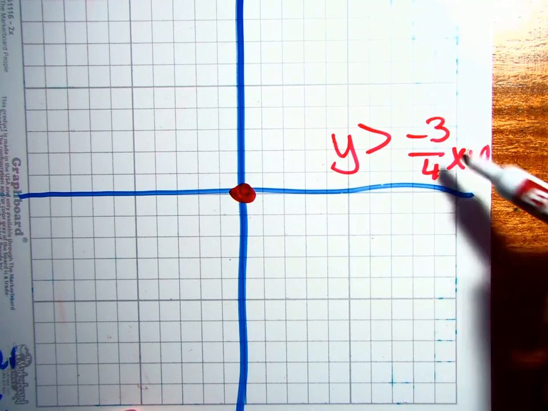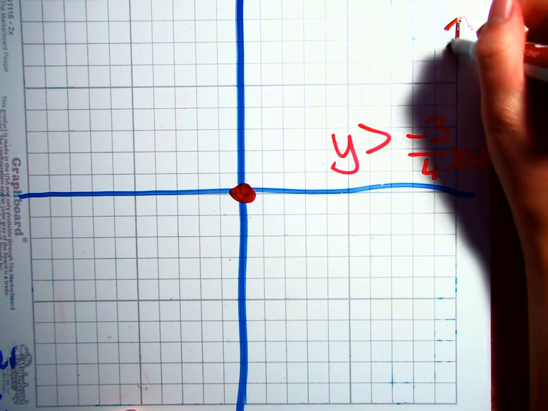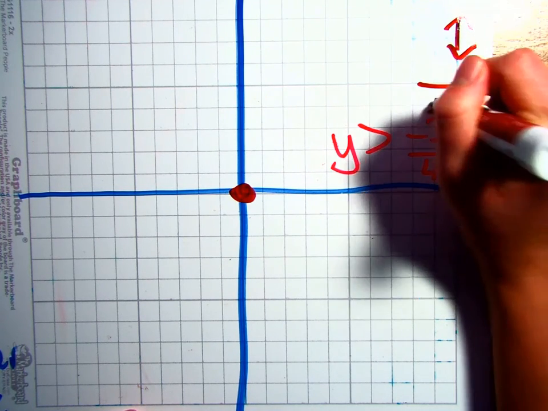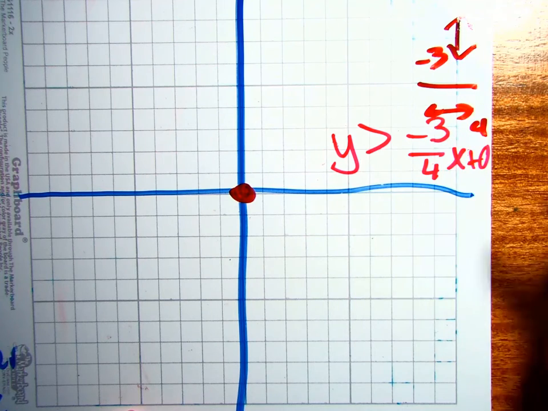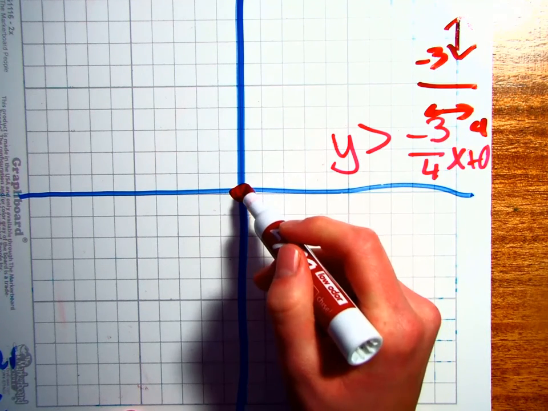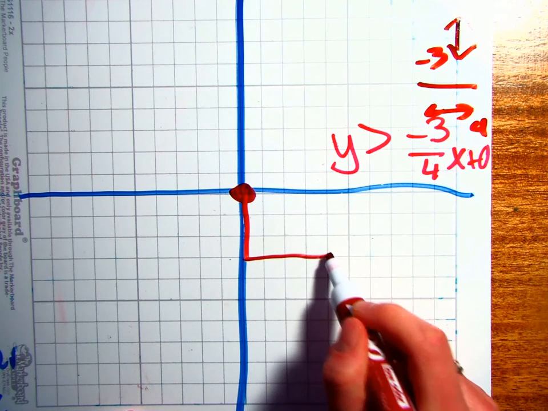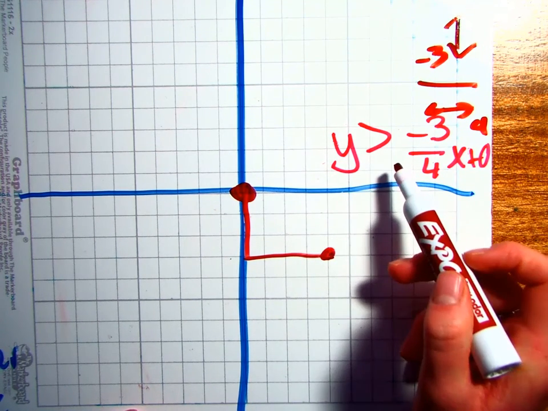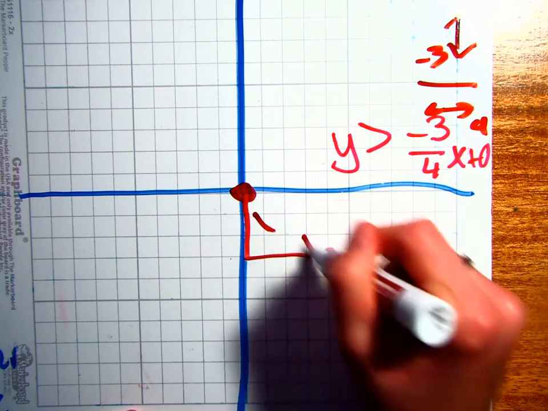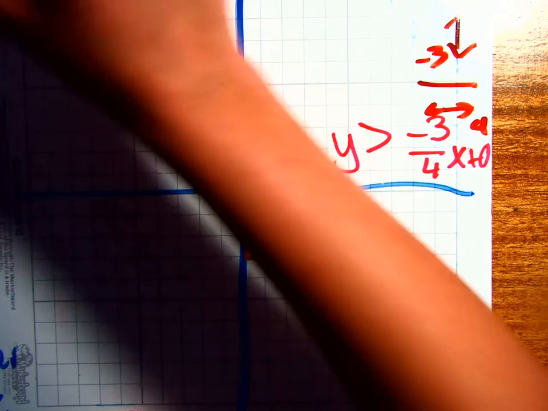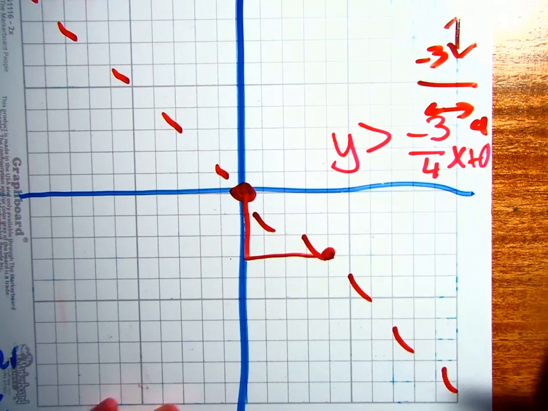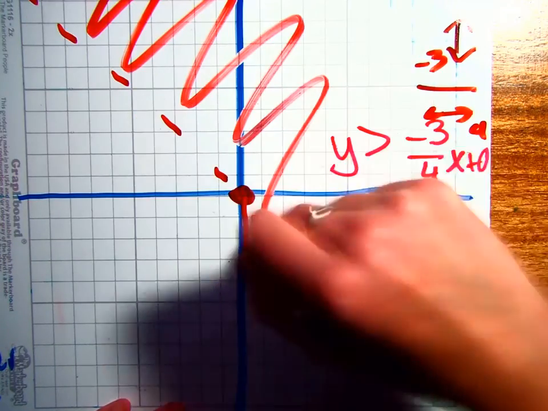Since the slope says negative 3 over 4, we go down 3 and then right 4. So here's down 1, 2, 3 and right 1, 2, 3, 4. It says y is greater than, so this is going to be a dashed line, and I'm going to shade everything above this dashed line. So that would be this way.